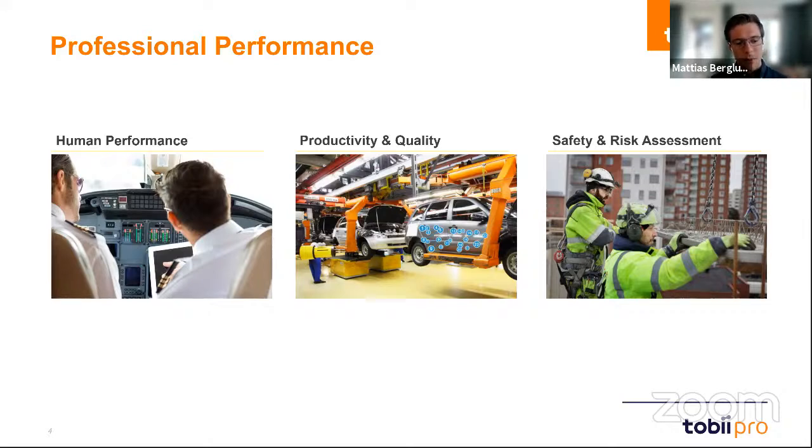We also have productivity and quality, which is about increasing productivity and quality by seeing your operations through the eyes of the workers. By understanding what's really going on, you can optimize your processes and training procedures. And then safety and risk assessment, which is about improving your workplace safety by identifying risks and underlying causes of human errors.